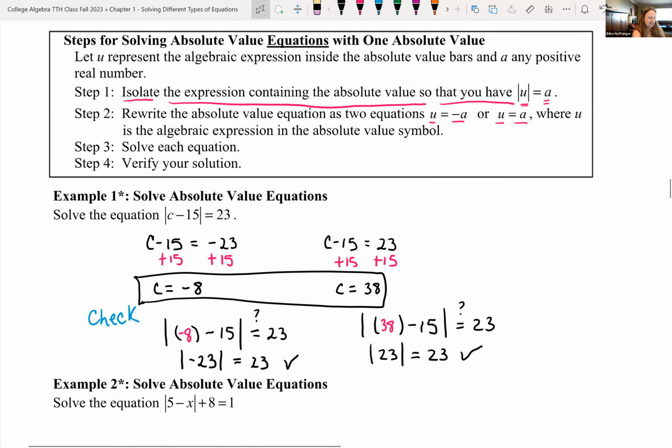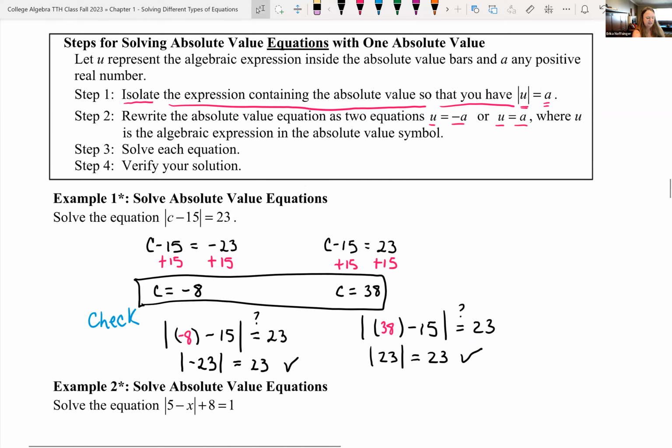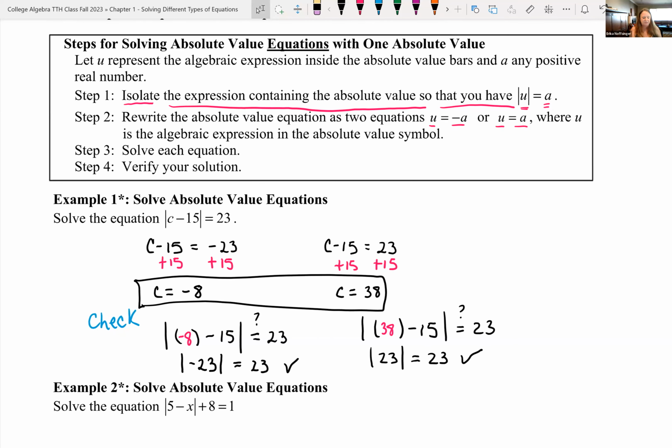Our next example says solve the equation where we have the absolute value of 5 minus x, plus 8, is equal to 1. I want to isolate my absolute value, and to do that we don't want that plus 8, so we can get rid of it by subtracting 8 on both sides of our equation.